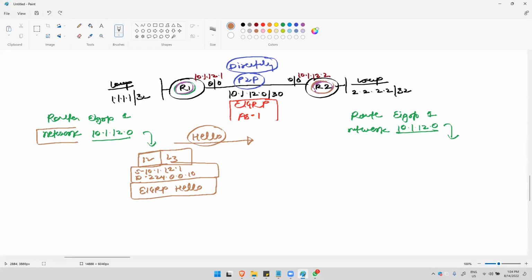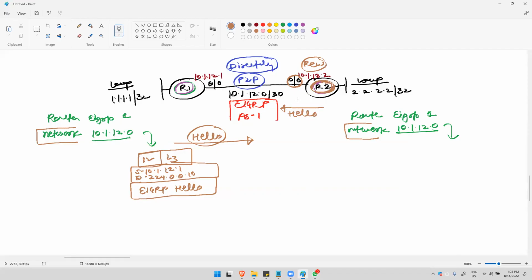If R2 has EIGRP enabled on this interface, it only receives, not forming yet. R2 verifies which command I'm running: network. So R2 will use multicast and start sending a hello, and the neighbor should form.